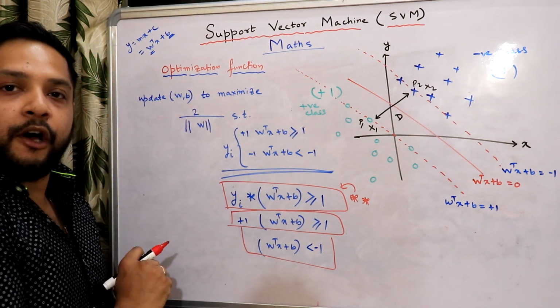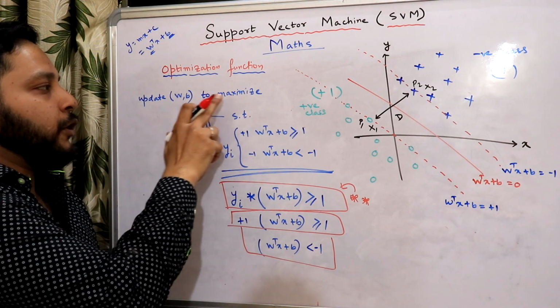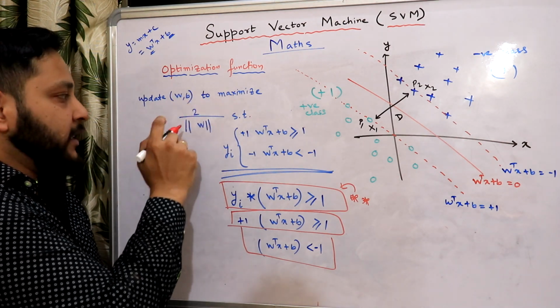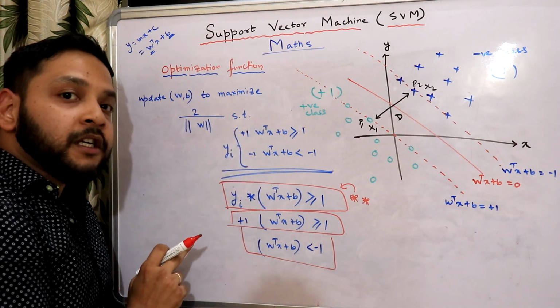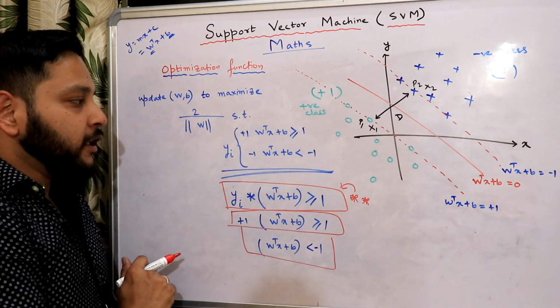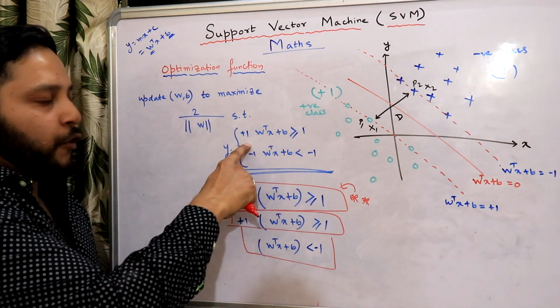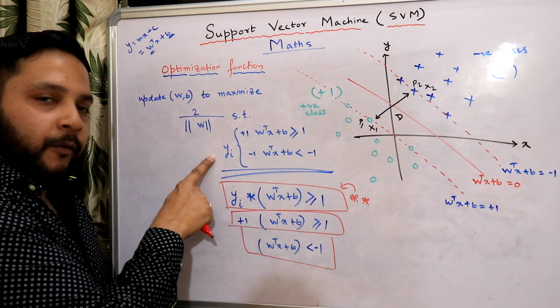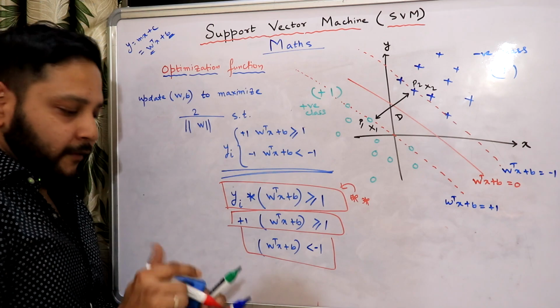Now, coming to this optimization function, we have mentioned that we have to update this value so that we can maximize this marginal distance. I have already mentioned this is the marginal distance, such that what is the condition of this optimization? The condition is that w transpose x plus b be greater than 1 for the positive class. We can write y of i like this, or this is less than -1 for the negative class.